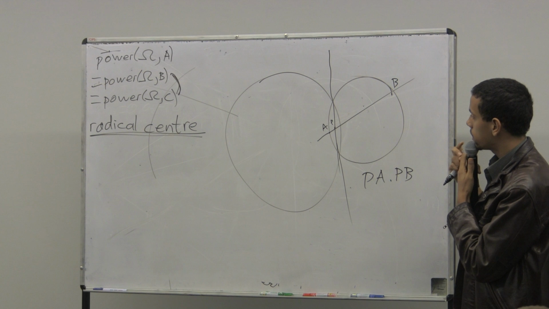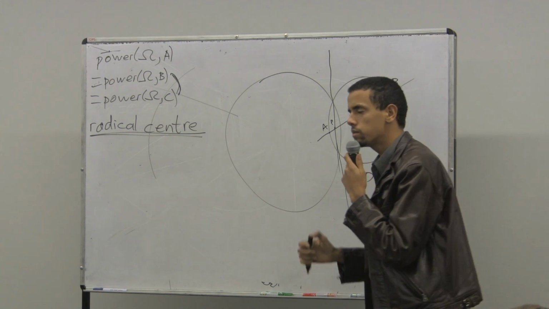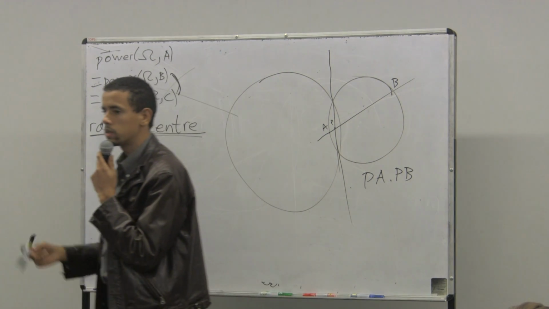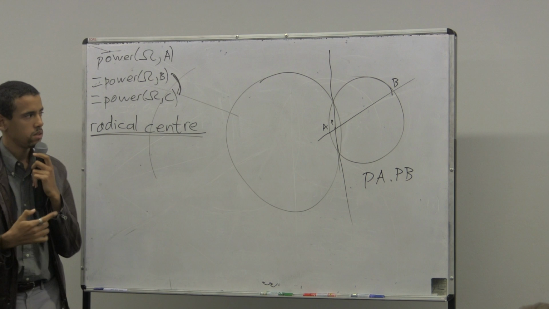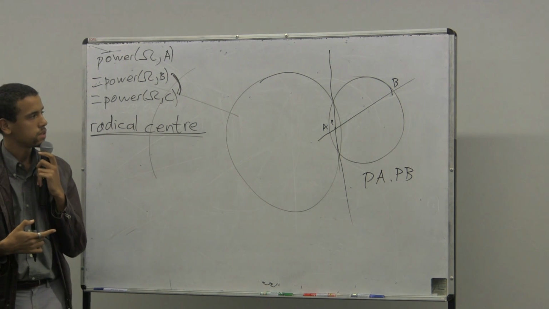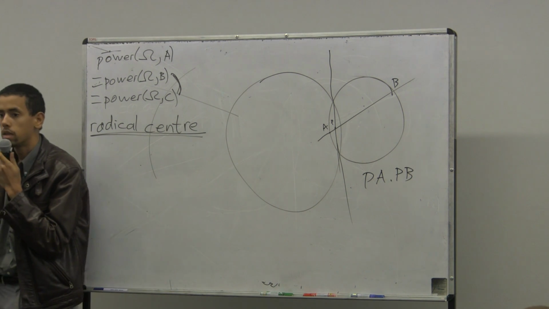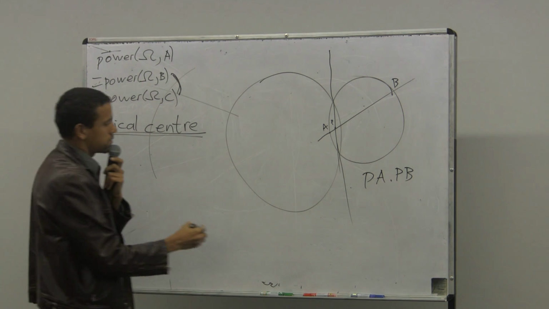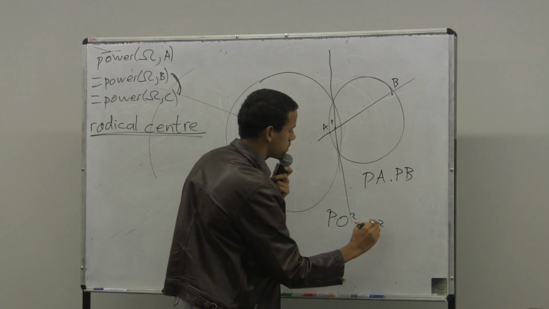Okay. Another way to explain it without using directed line segments, what's one of our other formulas for power of a point? We've got the one with the tangents, but you can't talk about tangents when you're inside the circle. What's the other formula that we have? PO squared minus R squared.